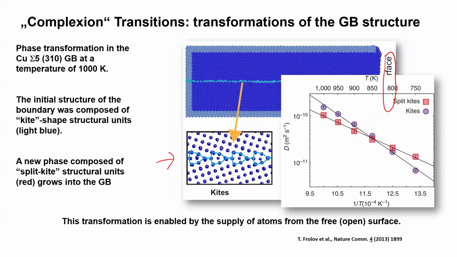And you see here that there is basically a crossover between the grain boundary diffusion, so this is dGB, as a function of 1 over T. And for the split kite structures and for the kite structures, you have a crossover. You have at a given temperature different values of the diffusion coefficient. And because you have a crossover, it means you have different slopes. So the activation enthalpies for diffusion in these different structures vary.